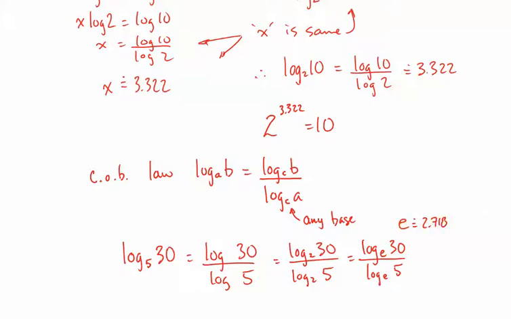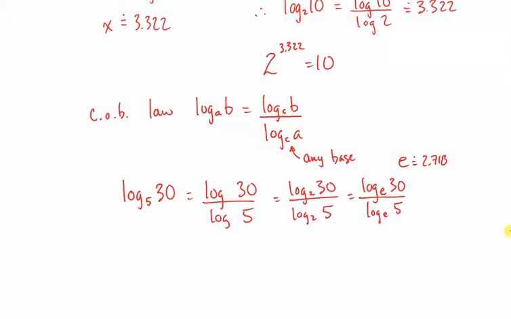It's irrational, and it's a number that's used for continuous growth and comes up quite often in exponentials. Now, log base e is actually more commonly written ln, and there's a button on your calculator for it, if you look for it, and it's read as lawn, like the green stuff in front of your house.